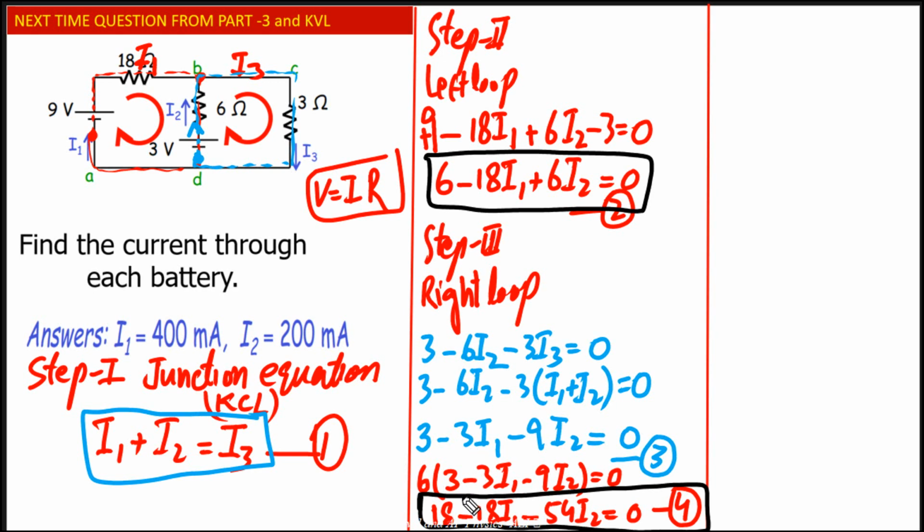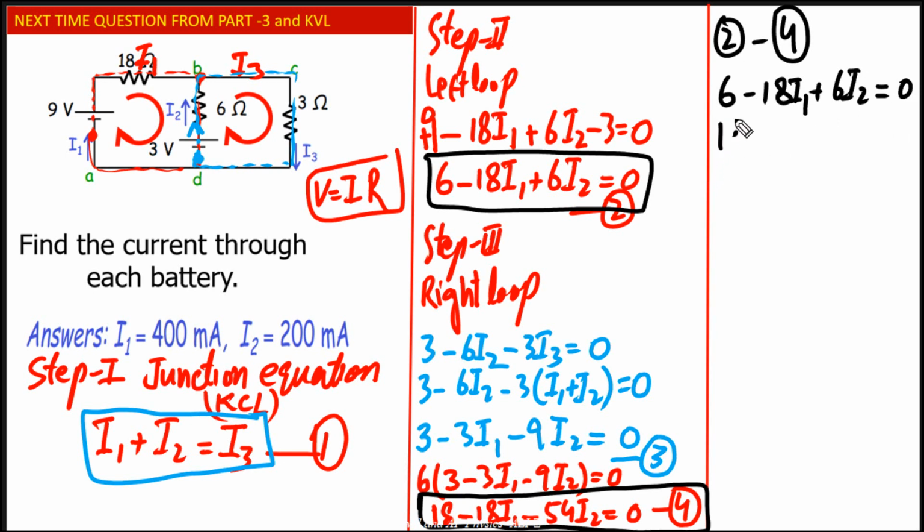So if we just subtract, we can simply cancel. Now, let's say equation number 2 minus equation number 4. So equation 2 is 6 minus 18I1 plus 6I2, equal to 0.